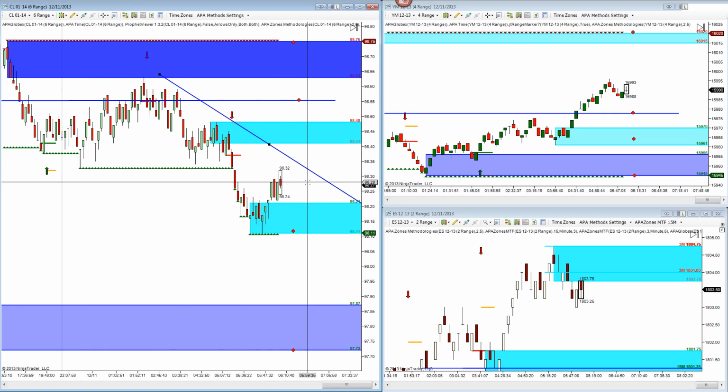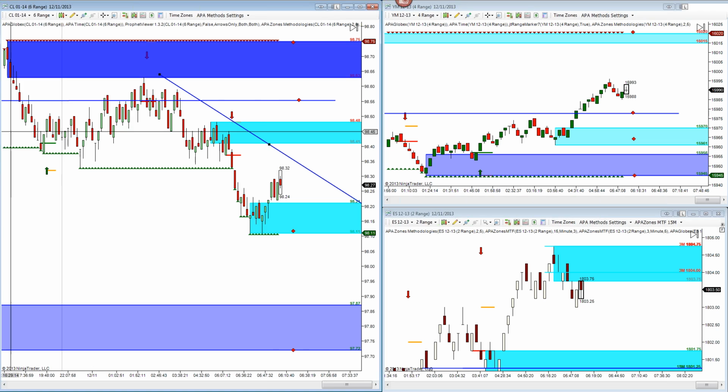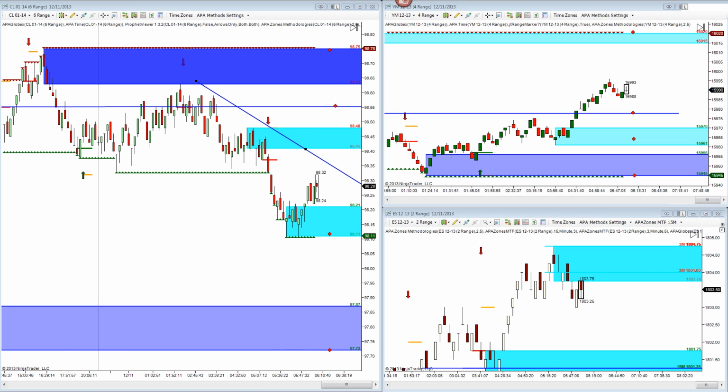That trend line looks a whole lot better on my 1 minute than it does on this particular 6 range chart.